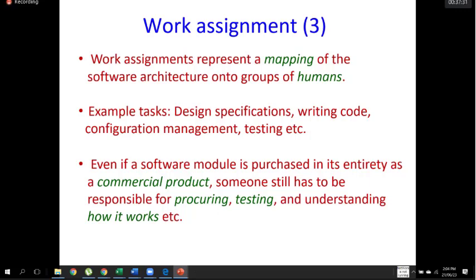For example, create the design specification, create the requirements specification, write the code, who is going to do testing, who is going to create the testing plan, who is going to coordinate the overall process, project management, right? So a lot of tasks have to be monitored, controlled and supervised by many human components. In the work assignment, you capture this idea.